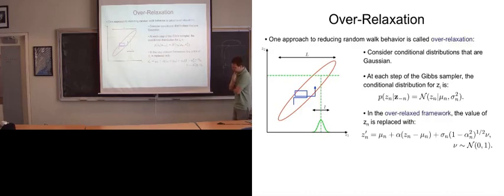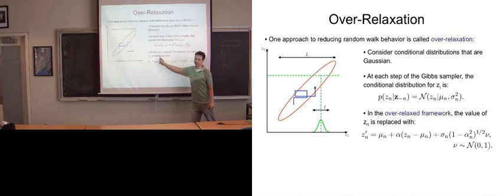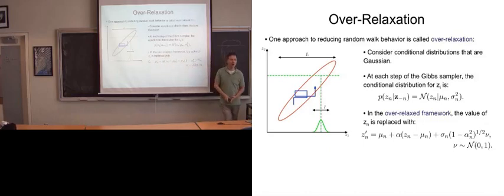Now, you can have an over-relaxed framework, and that's a very useful technique where the value of z_n is replaced by this expression. Looks awfully complex, right? Where nu here is a sample from normal 0, 1. Okay?